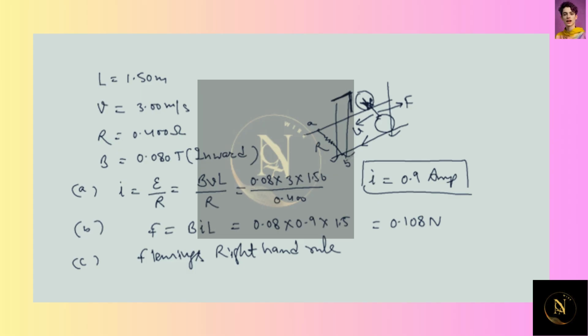So it will be moving from B to A. Hence, the end B of the resistance will be at higher potential. As we know, the current always moves from high potential end to low potential end. So B is at the higher potential.